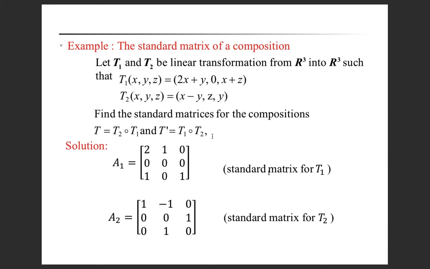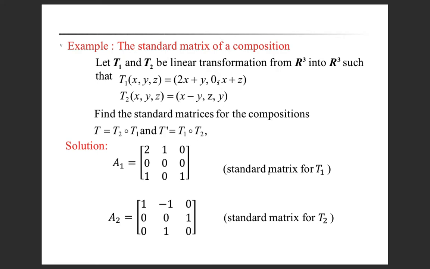So the standard matrix for T1, with respect to the usual basis, we can write simply using the coefficients of x, y and z. The coefficient of x in the first vector is 2, coefficient of y is 1, coefficient of z is 0. So the first row of the standard matrix is 2, 1, 0.